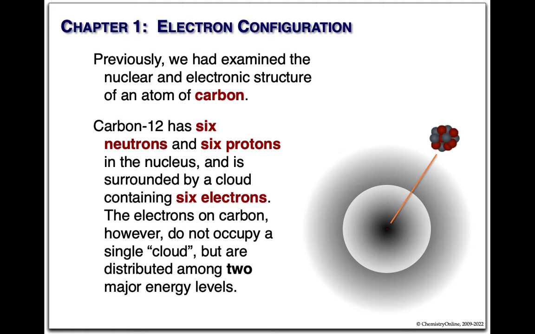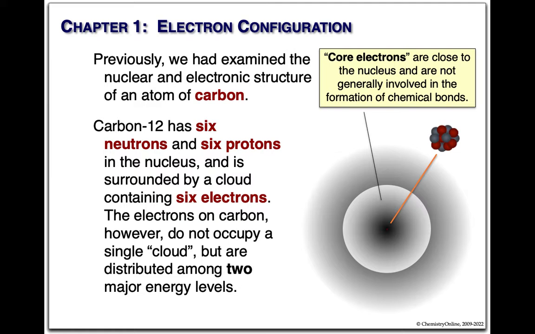At the time I said, you'll note that these electrons are in 2 energy levels. The reason for that is that carbon is in the second period. And we'll see that the period dictates the number of electrons or the number of energy levels in a given atom.